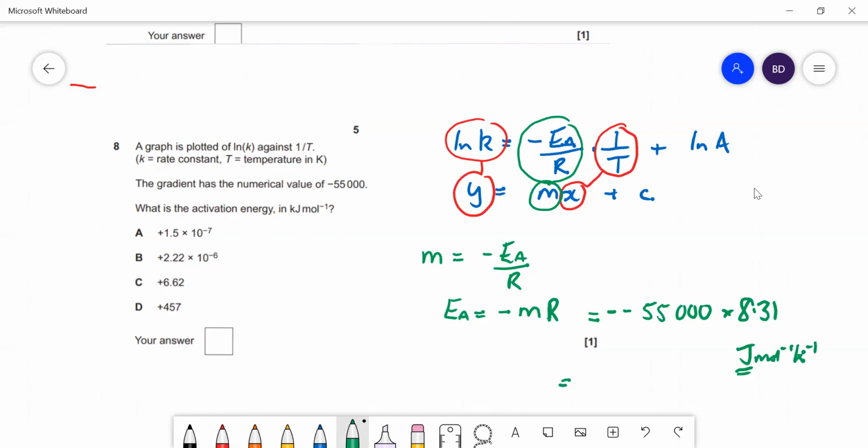So if you multiply that out, you get 457,000 joules. So that's going to be equal to 457 kilojoules. So that is our answer there. It's important to remember there that the units of the ideal gas constant is joules per mole per Kelvin, not kilojoules.